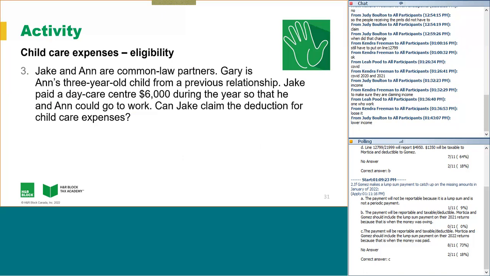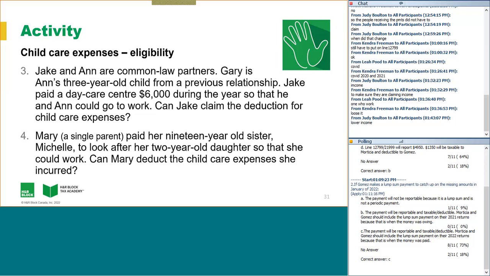The next question we have to ask is, who out of Jake and Ann can claim it? And for that, we need to know who has the lower income. So if Jake is the lower income earner, the answer would be yes. If he's the higher income earner, in this scenario, the answer would be no, unless there was a Part C exception or a Part D exception. So that's a very complicated answer to this one.